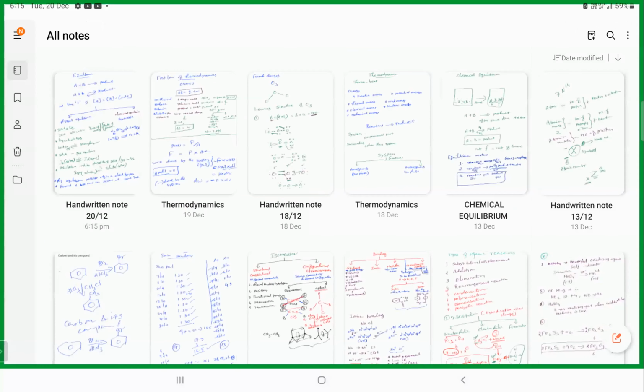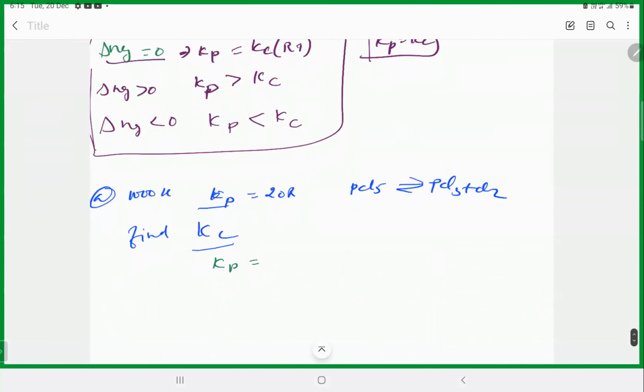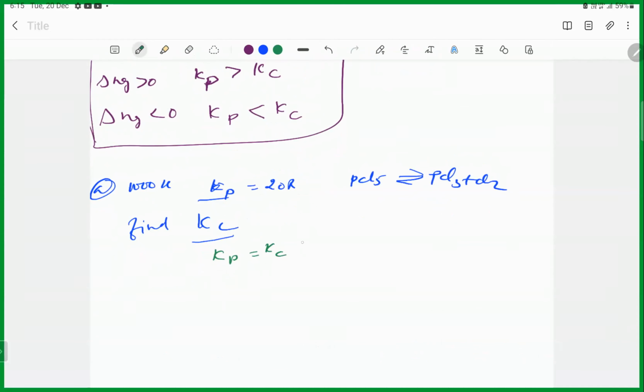Kp is equal to Kc into... இப்பதானப்பா டெரைவ் பண்ணிட்டு வரோம். அது எப்படிப்பா உடனே மறந்துடுறீங்க தம்பிங்களா?